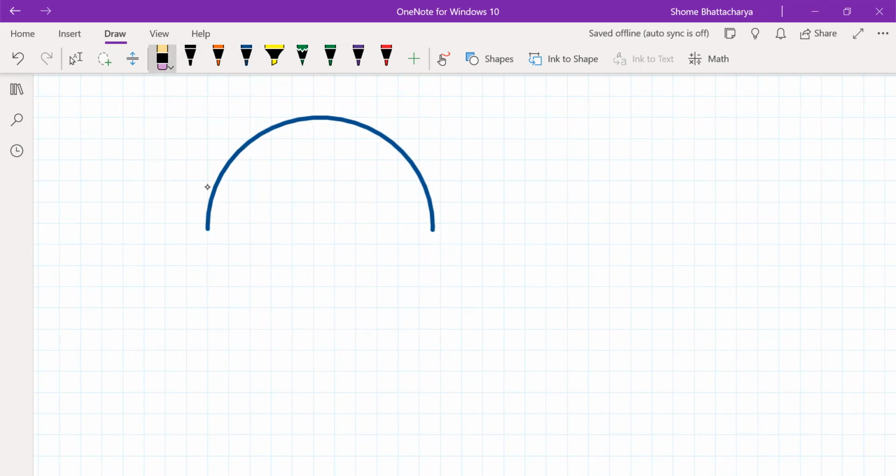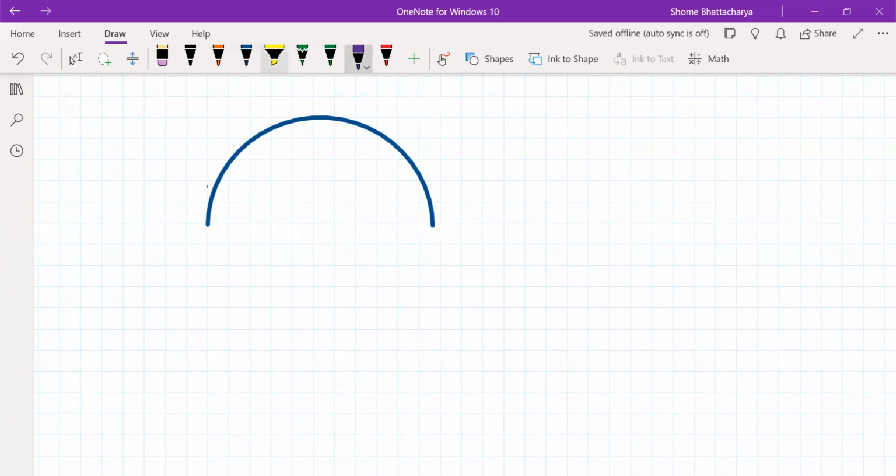So we've taken a thin but uniform rod or wire or something like that. We bent it into a semicircular arc. So now we have to locate the position of the center of mass.